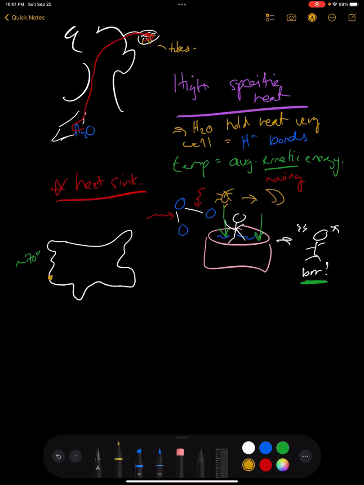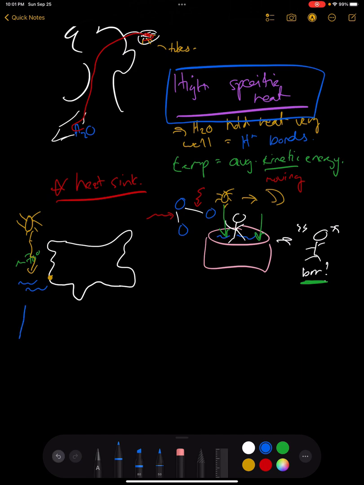Well, the reason it's mild is because when the sunshine shines down into the ocean right here, it's able to hold that heat really well. And so when the temperatures get really cold, that water is going to let off a little bit of heat and moderate the temperature. And when it's really, really hot outside, it's able to hold the temperature really well. So high specific heat is another awesome water property.